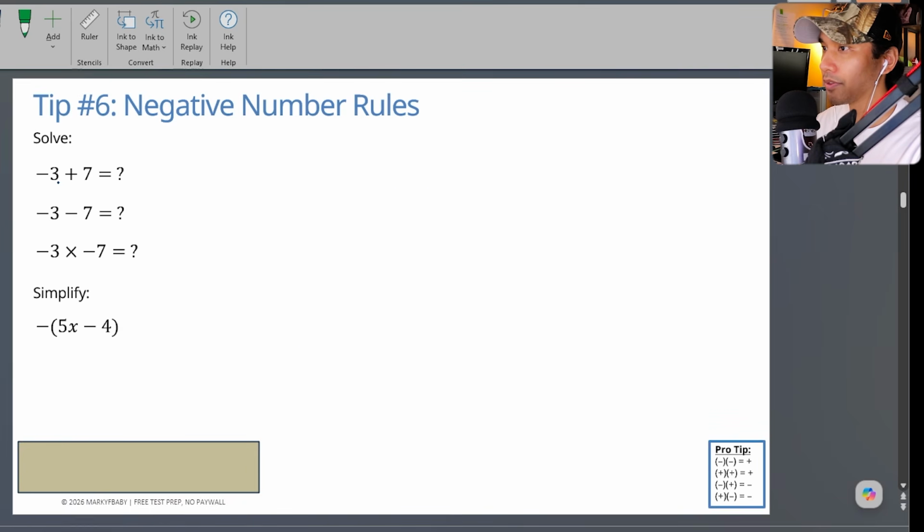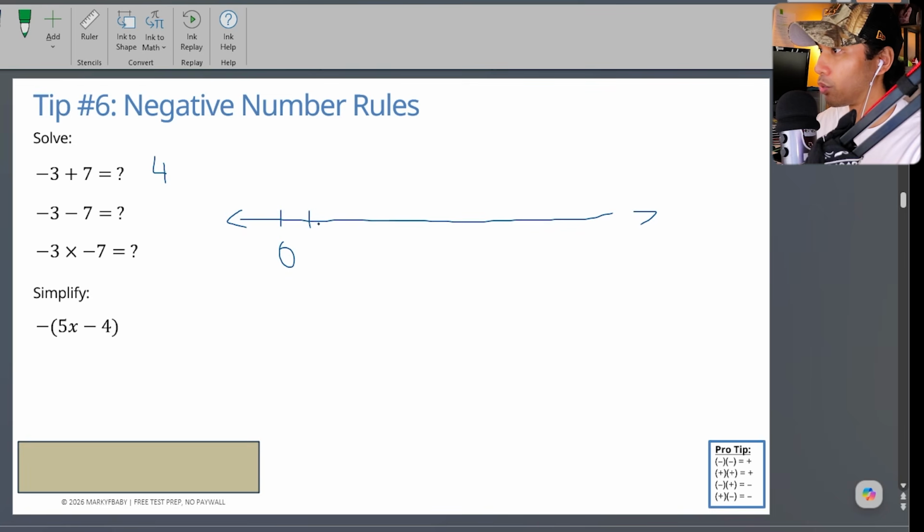So negative 3 plus 7, well, that equals 4, right? And the best way to look at it is like this, okay? You'll never have to do this, but this will make sense to you. I'll actually make this one 0. And then you have 1, 2, 3, 4, 5, 6, and 7. Okay, we'll have 8, 9, and 10 just for the heck of it.